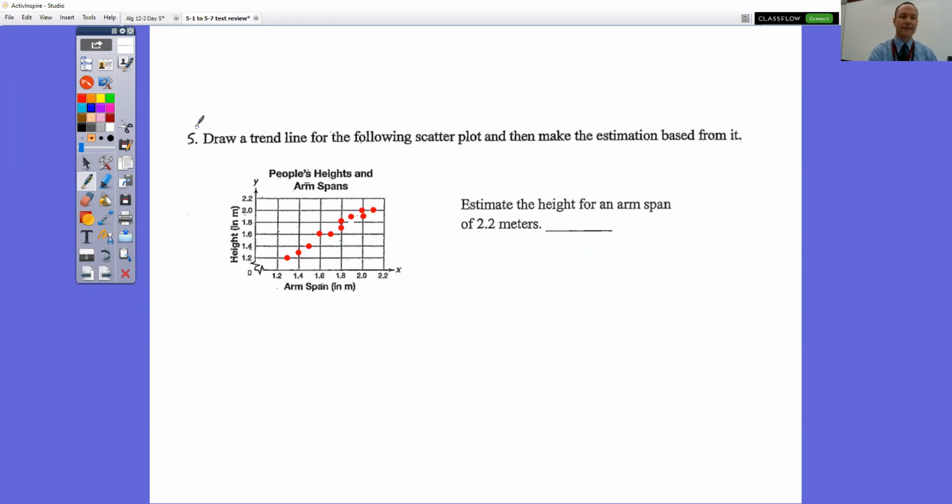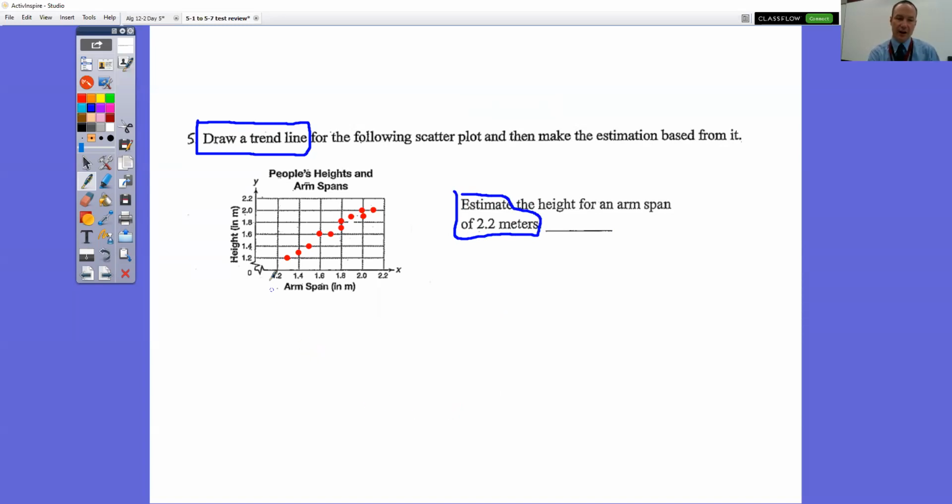In question number 5, one of your questions tomorrow, it will have a scatter plot, and you will have to say which trend line is drawn correctly. And then you'll also have to make an estimate. For this one, they want you to make an estimate for where 2.2 would be.